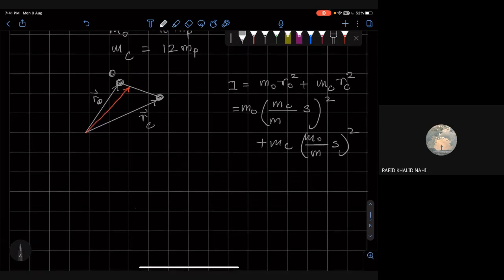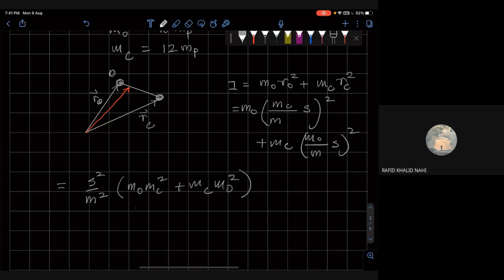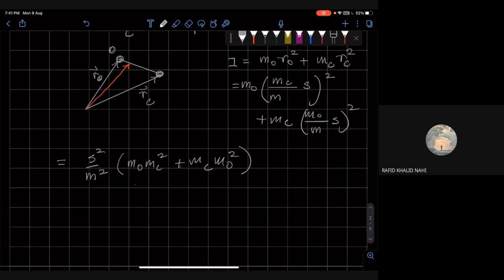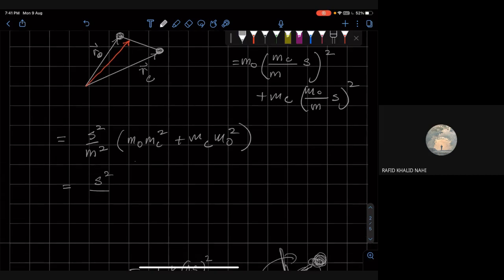Okay. So now I is going to be S squared by M squared, and then we will have M0 MC squared, and then MC M0 squared, and S squared. And from here, what is M?